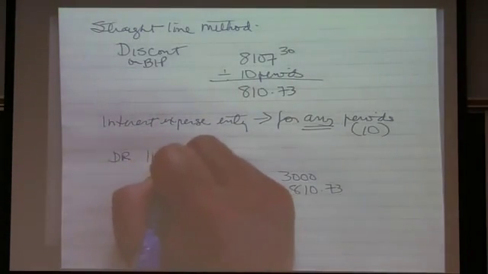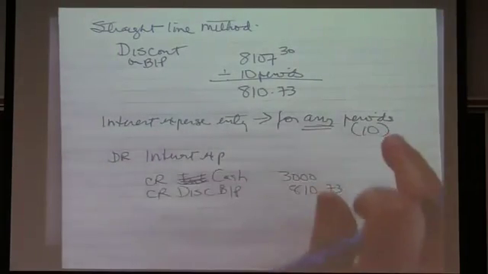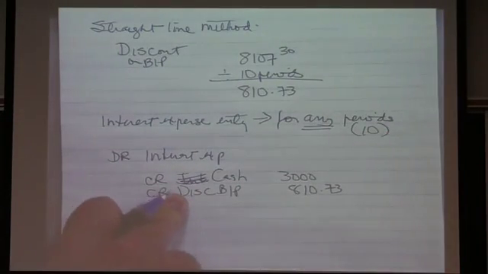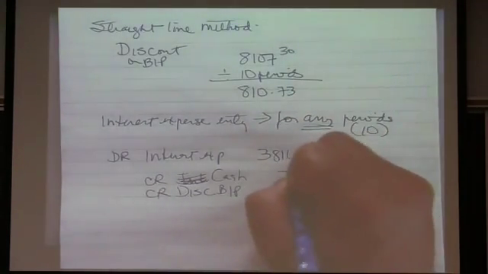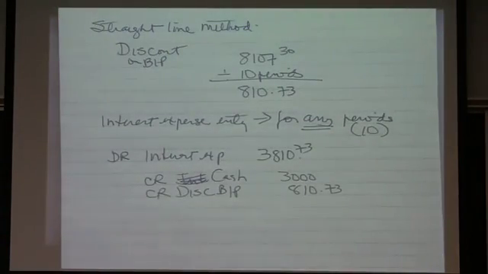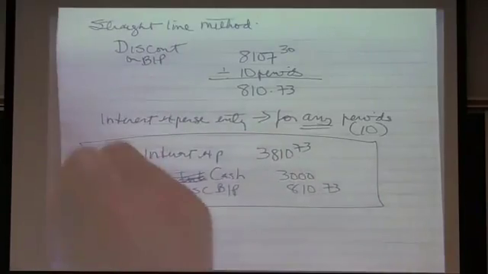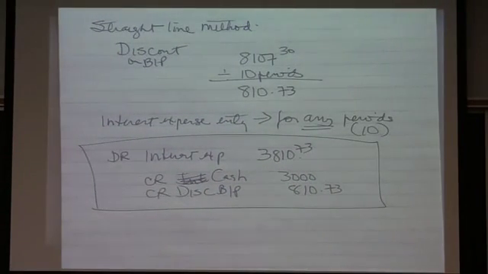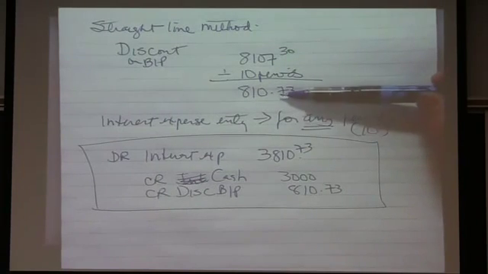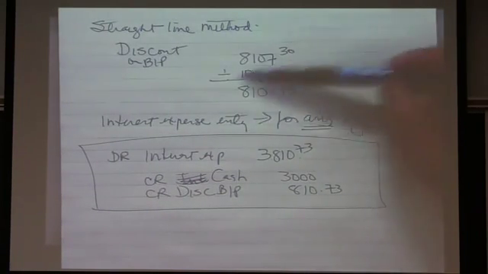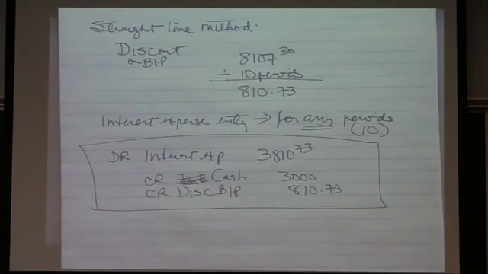And our interest expense is the same for the 10 periods. So for June 2012 or December 2012, June 2013, any of the 10 periods, the entry will be the same. You can see how this is the interest entry each period. And the reason why it's called straight line is that the discount gets amortized over the 10 periods, the same amount each period. So the interest expense entry will be the same.